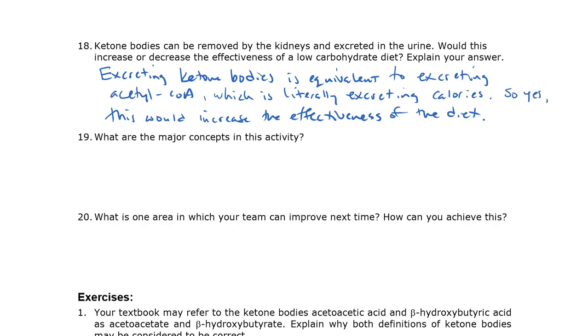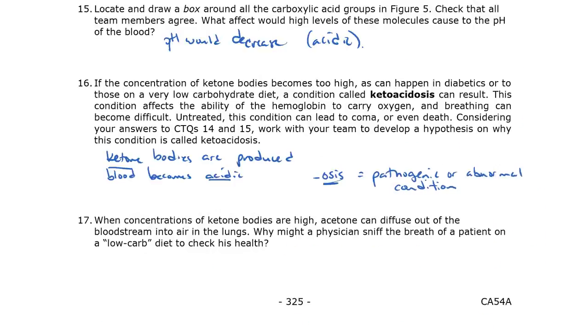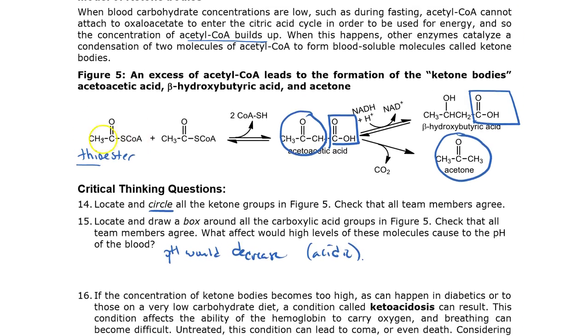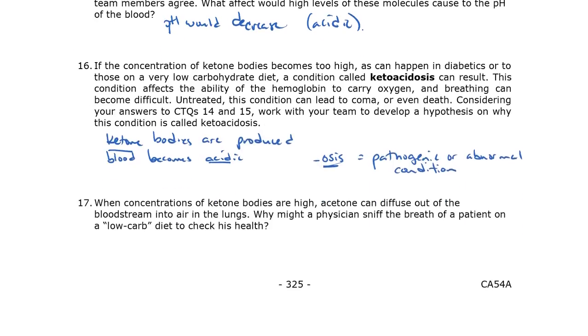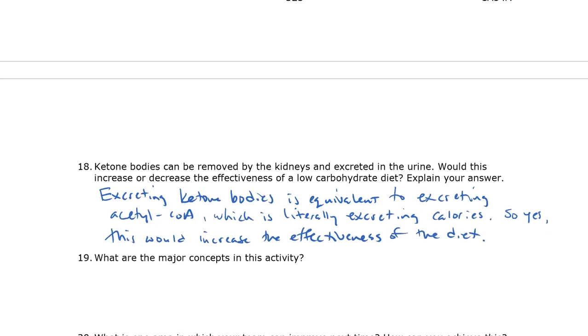So this actually does increase the effectiveness of the diet. If you're excreting ketone bodies, that's equivalent to excreting what you produce from acetyl-CoA. That's pretty much the same as saying, okay, well, if I can produce acetyl-CoA from fats or carbohydrates, and then I can convert it to these things, and then instead of getting energy out of them, I just have the kidneys filter them out and excrete them, well, that's like calories going down the drain, literally.